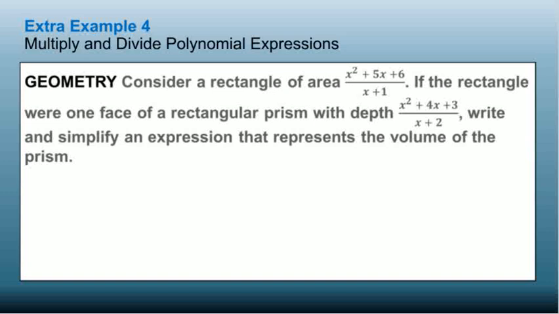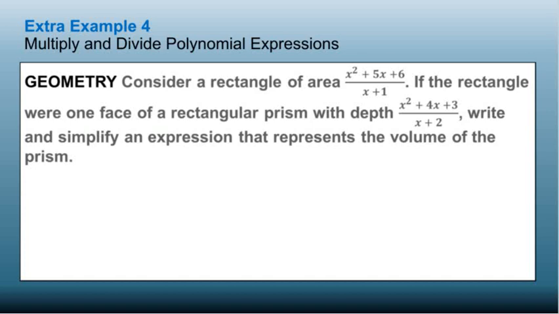Next, consider a rectangle with area x squared plus 5x plus 6 divided by x plus 1. If the rectangle were one face of a rectangular prism with a depth of x squared plus 4x plus 3 over x plus 2, write and simplify an expression that represents the volume of the prism.